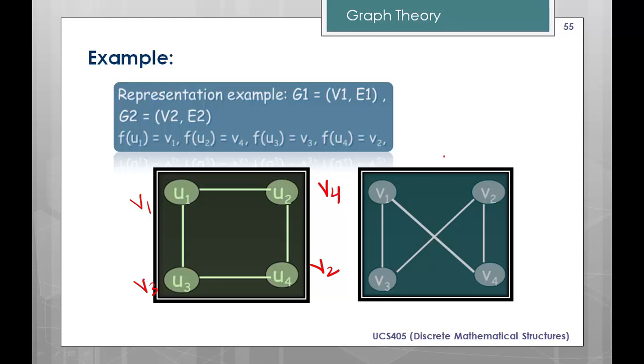Here V1 is connected with V4 and V3. V4 is connected with V1 and V2. So if the mapping is correct, then we can say both graphs are isomorphic to each other.